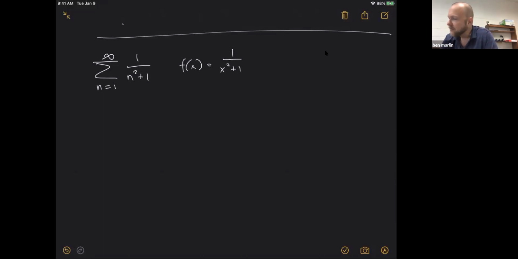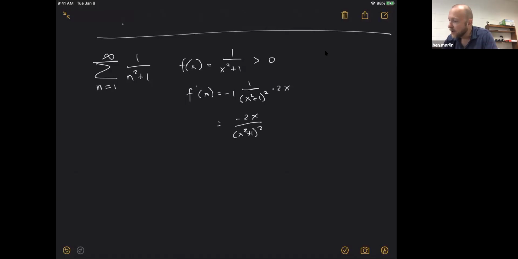Because everything involved there is positive, this is positive. And if you check your f prime of x that you get on this, let's see, what do we end up with? Negative 1 times 1 over x squared plus 1 squared, and then times the 2x, so you end up with negative 2x over x squared plus 1 quantity squared.